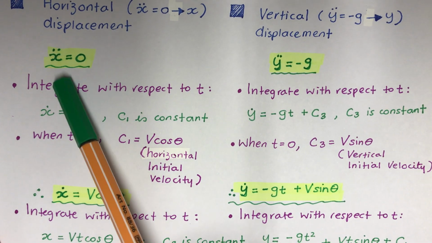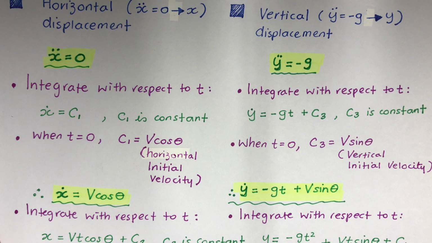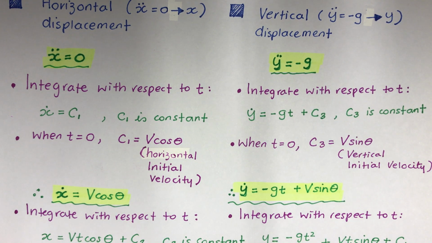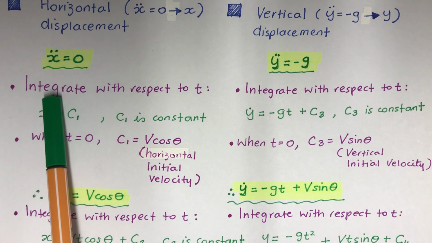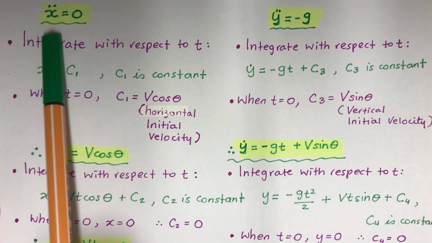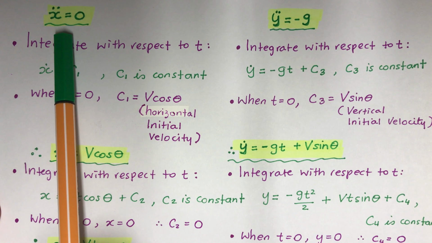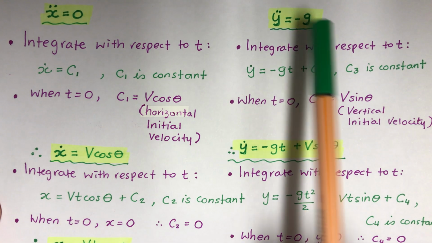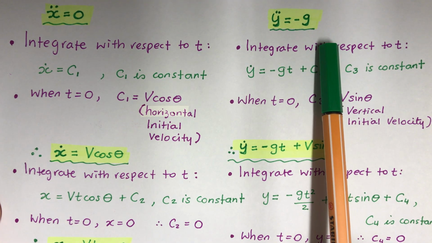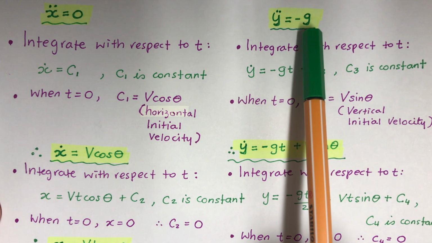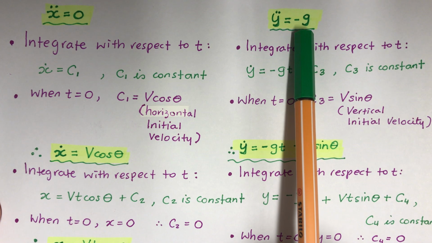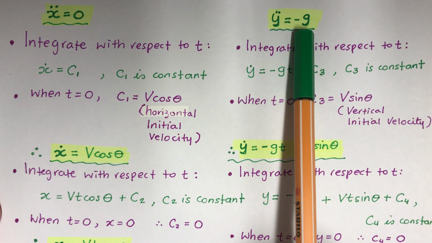Okay, so these are the horizontal components, as well as the vertical components. So let's have a look. It's always good to start from the acceleration. The horizontal acceleration equals 0, and vertically we always start with the vertical acceleration, which is minus g.